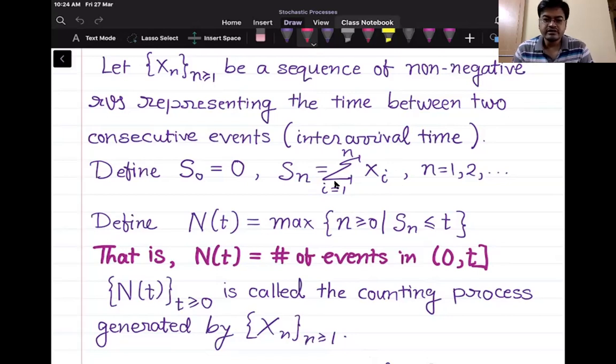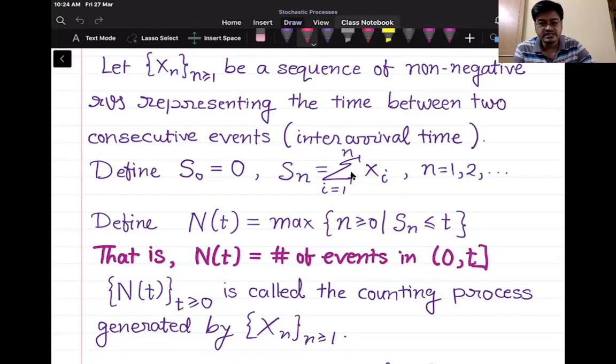So in particular, I will define my N(t), which is similar to the one in definition one, as the maximum over n greater than or equal to 0 such that S_n is less than or equal to t. What does this mean?